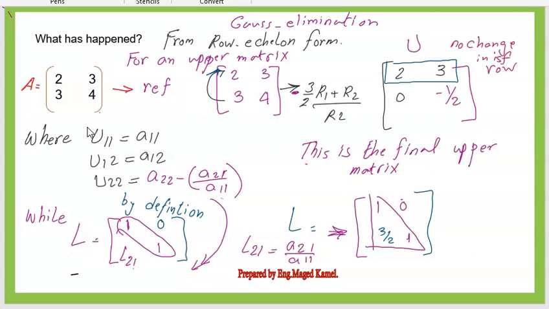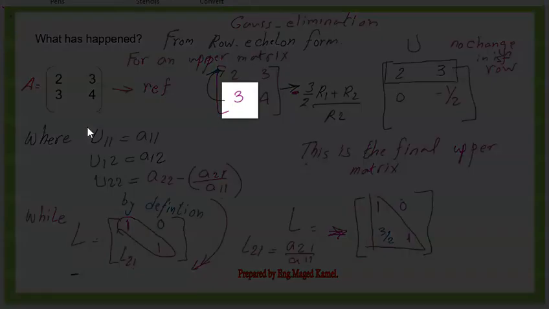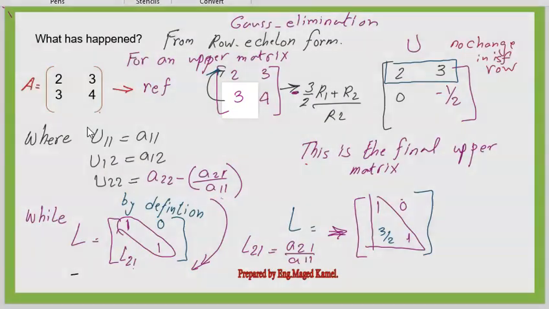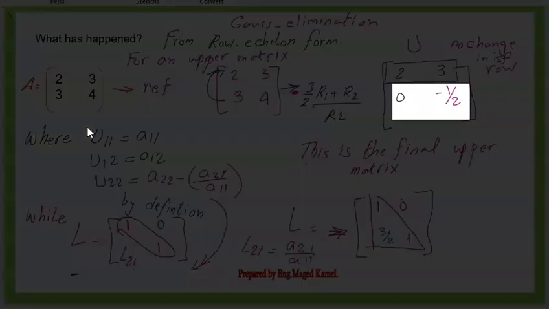Using A sub 1, 1 as a pivot, divide A sub 2, 1 over A sub 1, 1, multiply by the minus sign by R1, and add the result to the second row R2. The new second row R2 will have a different value than the previous second row in the matrix A. We will have a new second row as 0, minus 1 over 2.